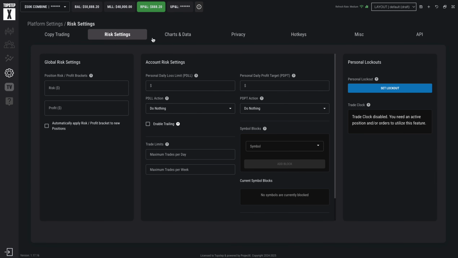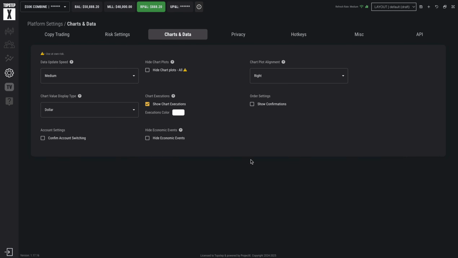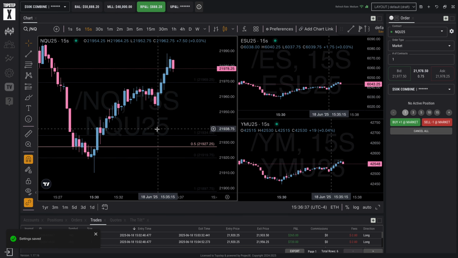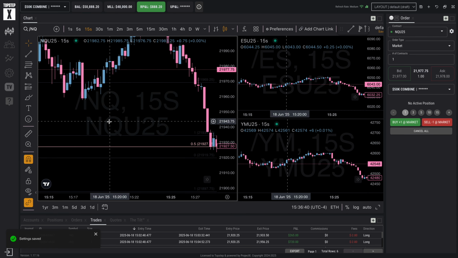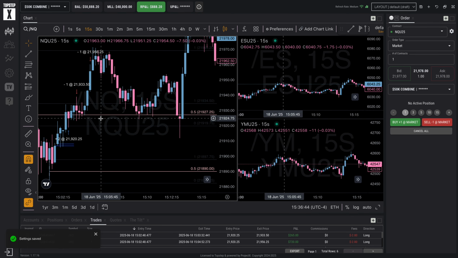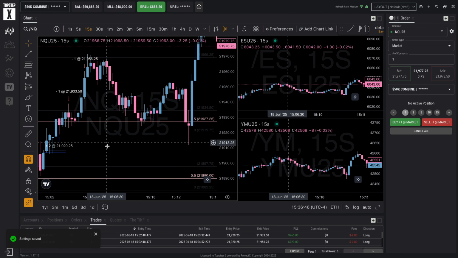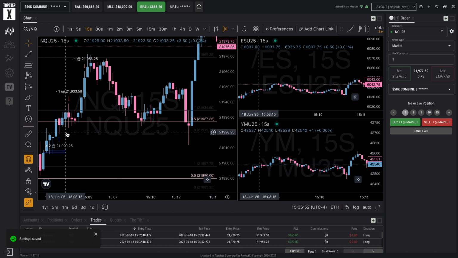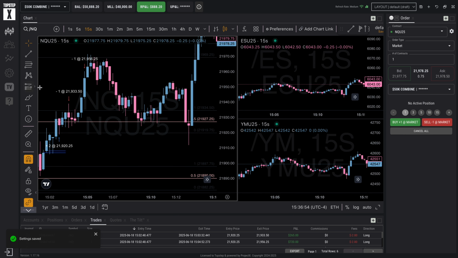Let's turn the executions on. Right here, 2 NQ right at 9:20:25. Why?